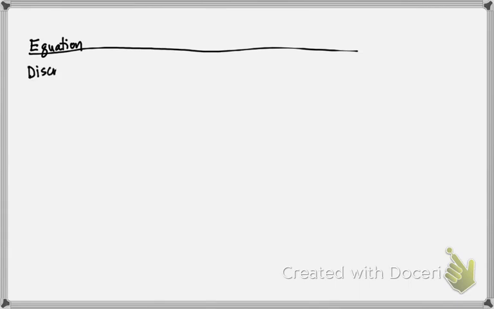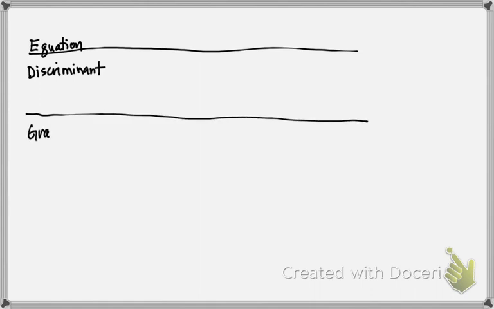We're going to talk about an equation, and then we're going to talk about the discriminant, we're going to talk about its graph, so we'll just do kind of a small one of it, and then we have the number of real roots.